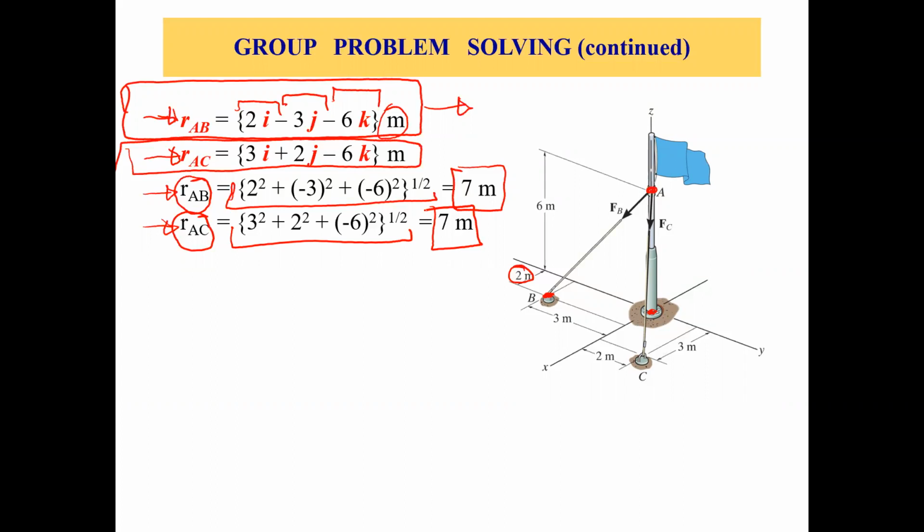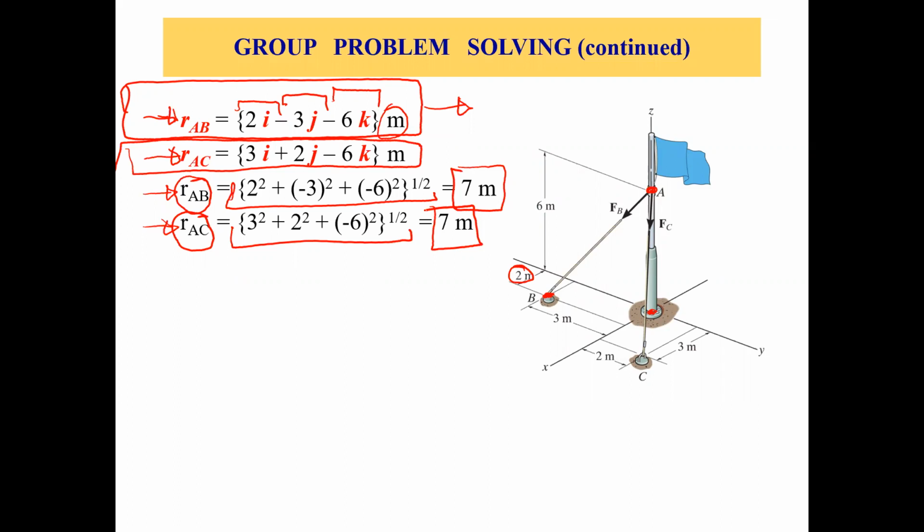This is just a coincidence that RAB equals RAC because of the given geometry. It's not always like this, so don't assume RAB equals RAC. It's just that due to this given geometry, they come out equal.